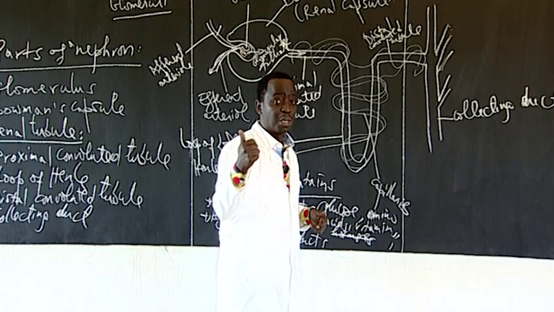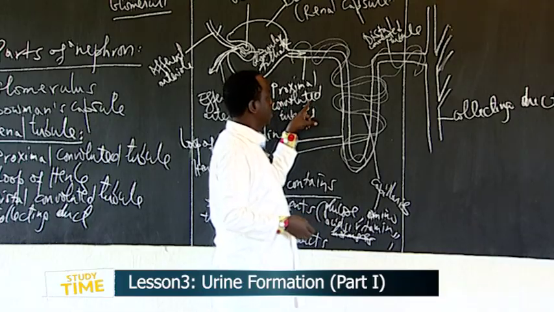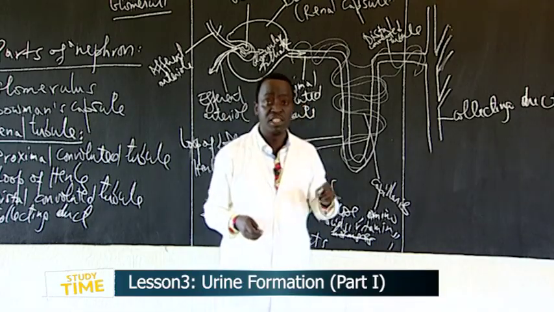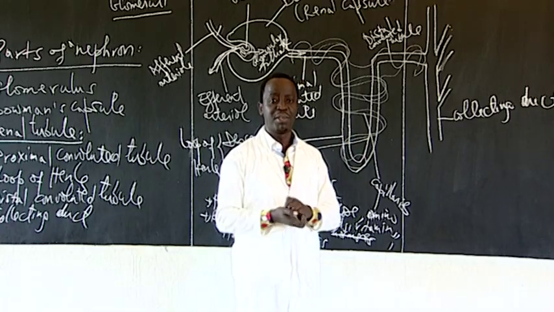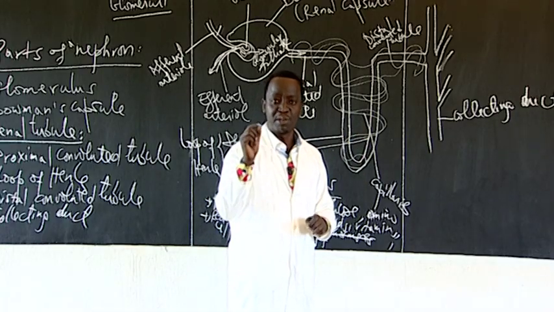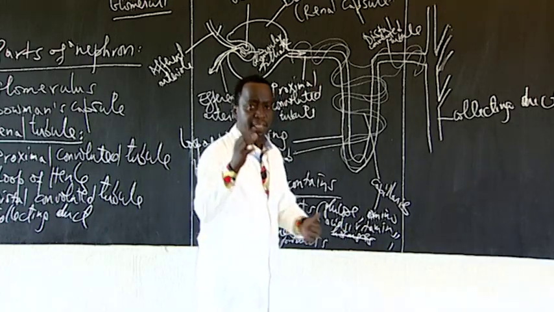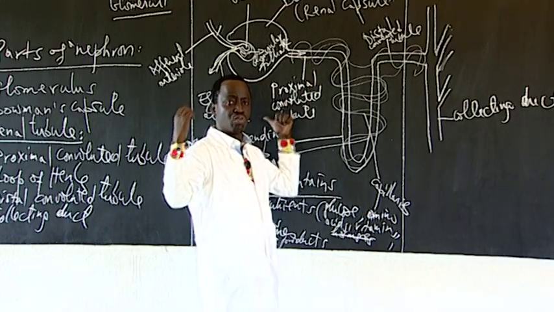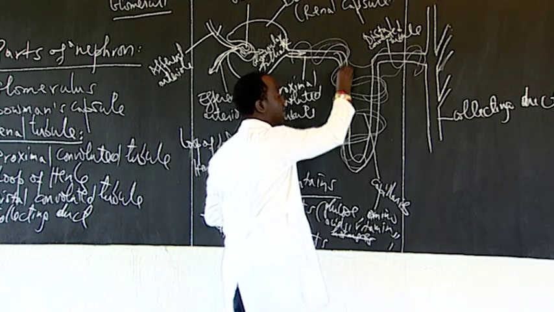To move. Are you getting the point? Are you okay? And then also its membrane is folded, and then it's surrounded by many what? Many microvilli. Are you getting the point? And then this can help all that reabsorption, the getting back of the useful material into the blood, to take place.